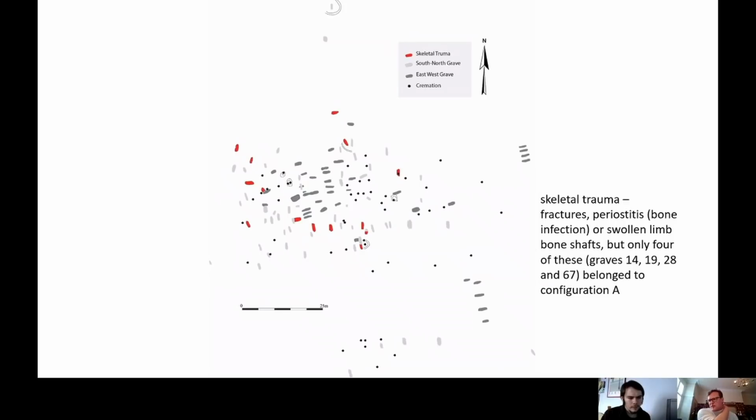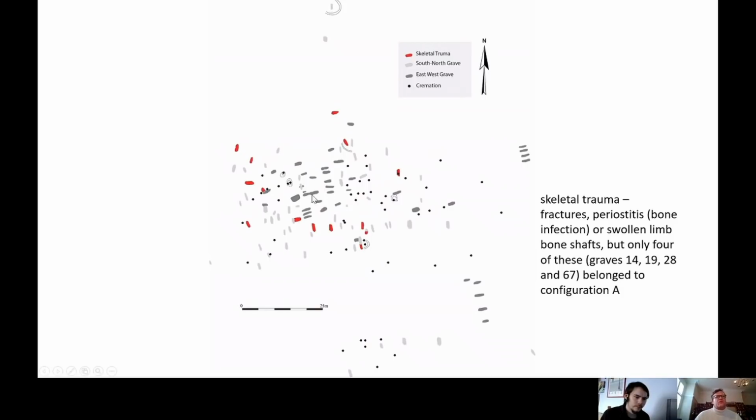So the chapter on individuality is trying to draw on skeletal materials, to draw out some of these sorts of narratives. And one thing that I spotted while doing the analysis of Apple Down, which we'll go into detail about in there, is that the skeletal trauma is different between configuration A and configuration B burials.